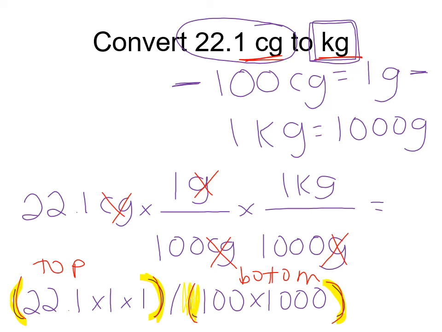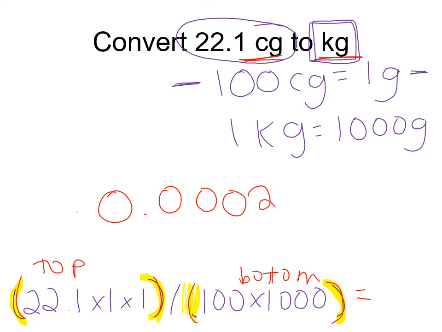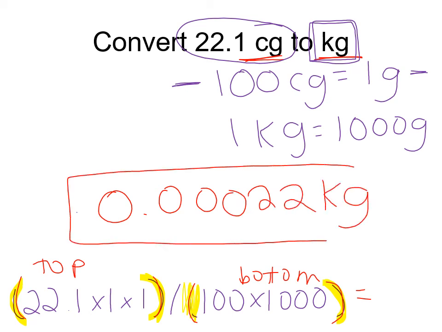Oh, and then we should probably type that in and get the answer. When I type that in, I'm going to erase this. My answer is 0.00022, and the unit was kilogram. And then hopefully in your brain, you stop and think, does that make sense?